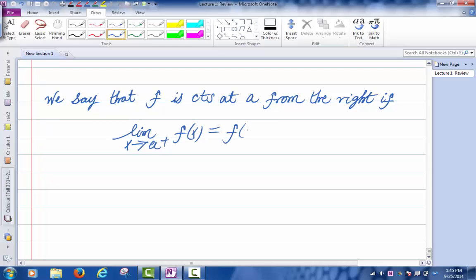So if the right hand limit at a is the same as f of a, then it's continuous from the right.